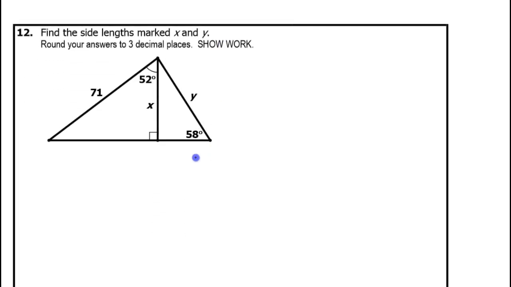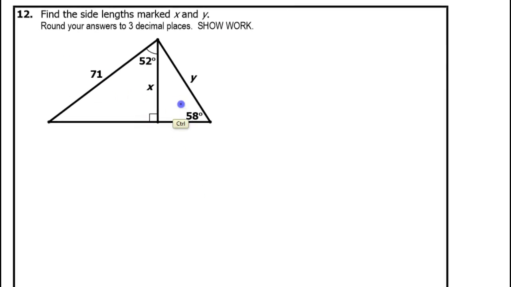Okay, number 12. When you have a double triangle like this, what you want to do is separate it into two triangles. So the triangle on the left can be drawn like this. So there's your 71. Here's that 52 degrees.